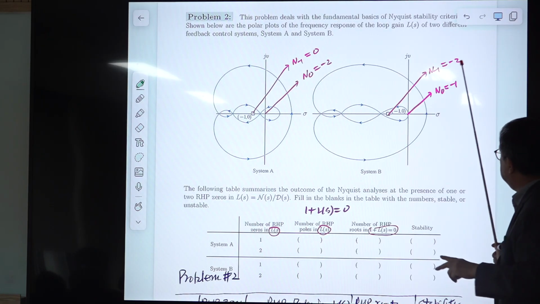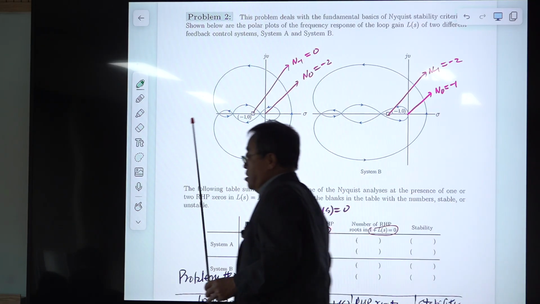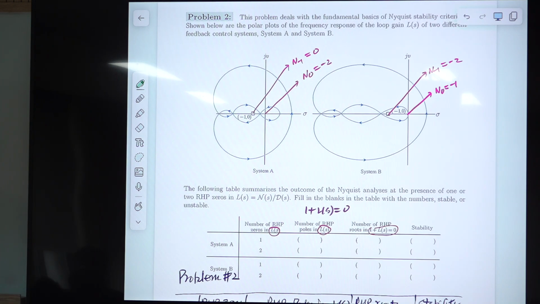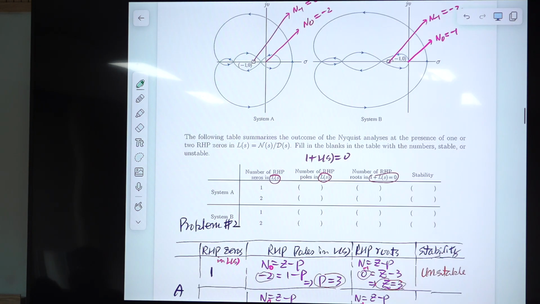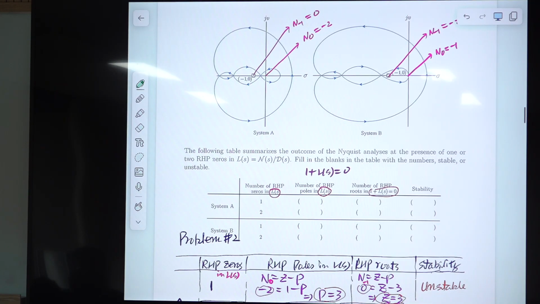Then it is -2. All right, so this is about the loop gain, the polar plot of the loop gain, and the encirclement of the origin and the minus 1 point. And the Nyquist guy related this theorem to the stability of linear time invariant systems.